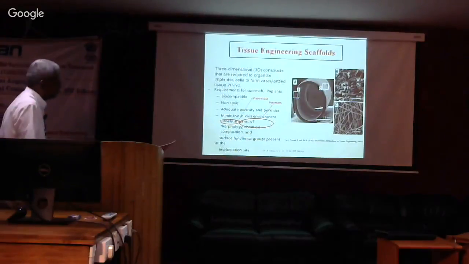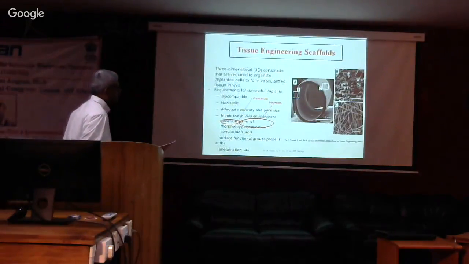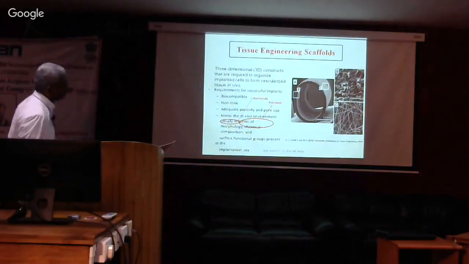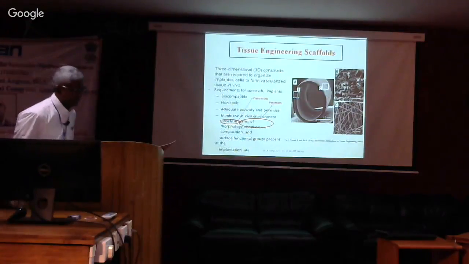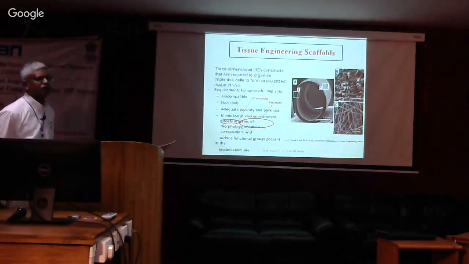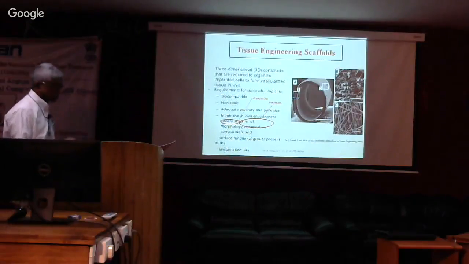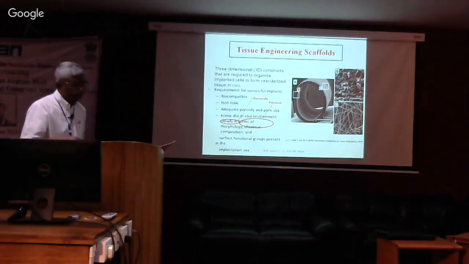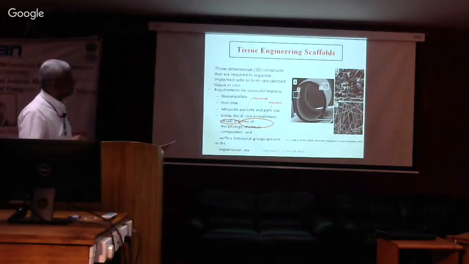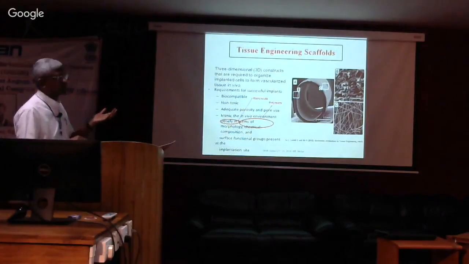These fibers need to be, as I said, sub-micron, preferably less than 300 nanometers. Because the cells that you are taking out from the human body, in order to grow them on the scaffold, should not reject the scaffold.